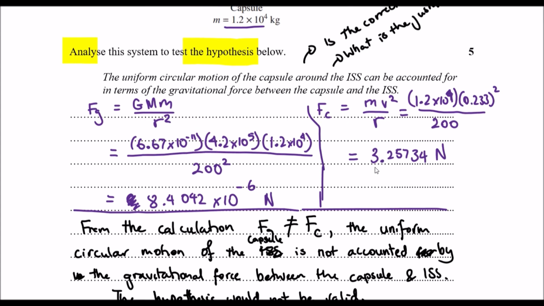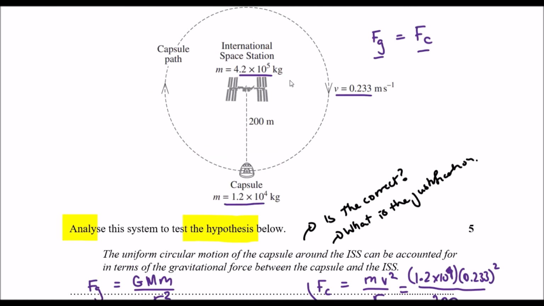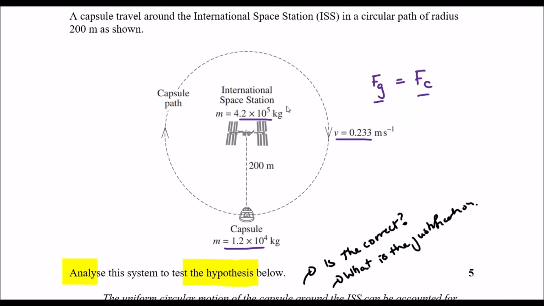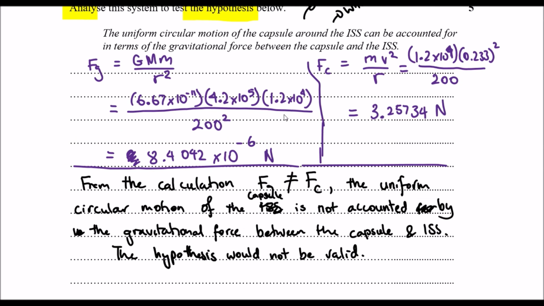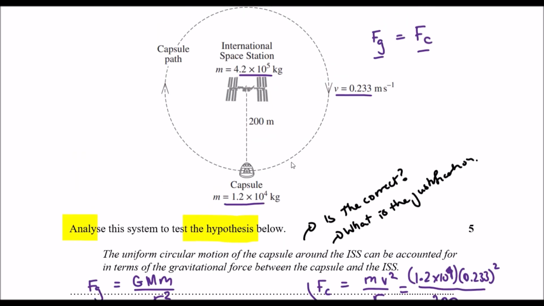Okay, so obviously the object is still in uniform circular motion, is what they're claiming it is. So if it's a circular path, but the forces don't match up, that means there must have been an additional force applied to our capsule here to keep it in uniform circular motion around the space station.